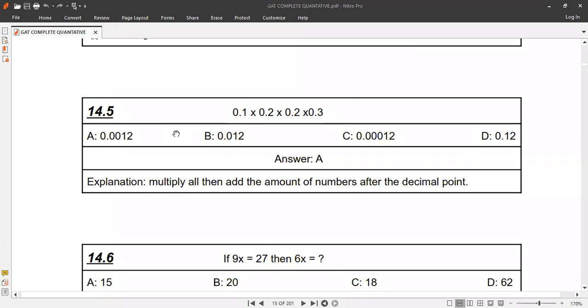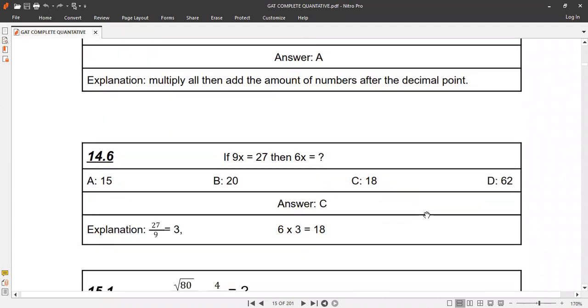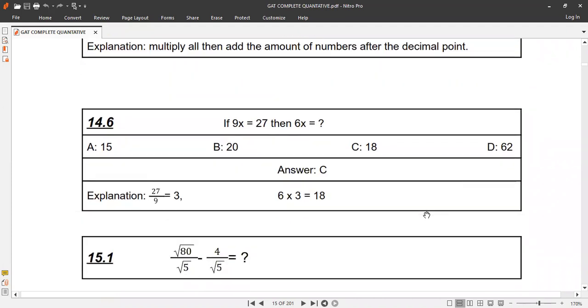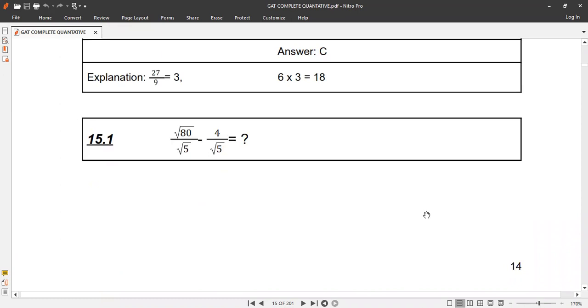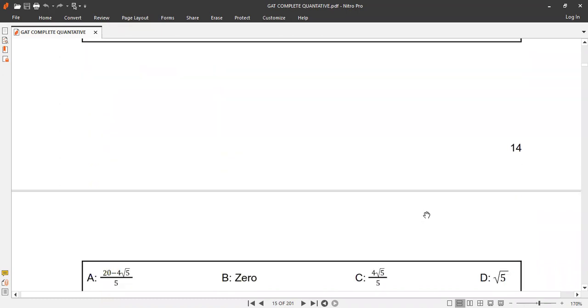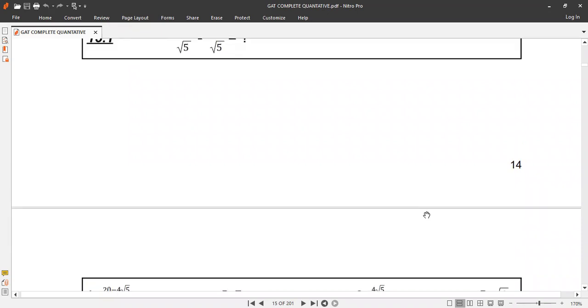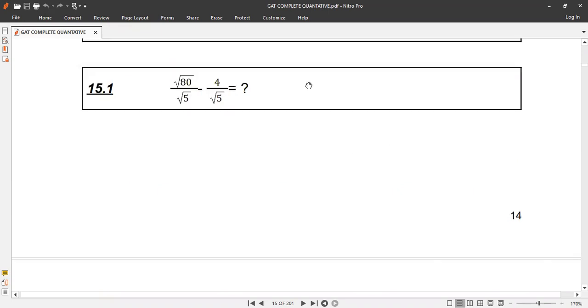Let me discuss with you another question. Here, question number 15. Let me look at the choices. Always keep your eyes on the choices. 20 minus 0. Okay. Now let me simplify this. Here we have the same denominator, so we can put them with the same denominator, root of 5.